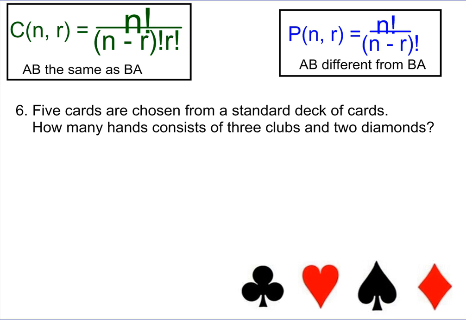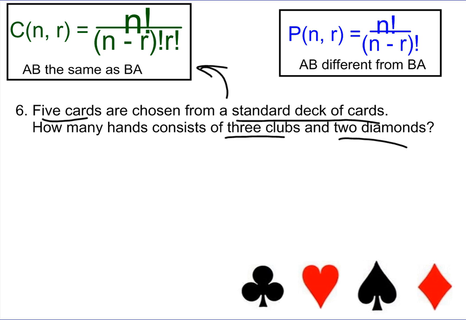So this is actually combining 2 combinations. All right, now you're choosing 5 cards. Don't get caught up in standard deck of cards. That's just there to show you that it's a fair deck.